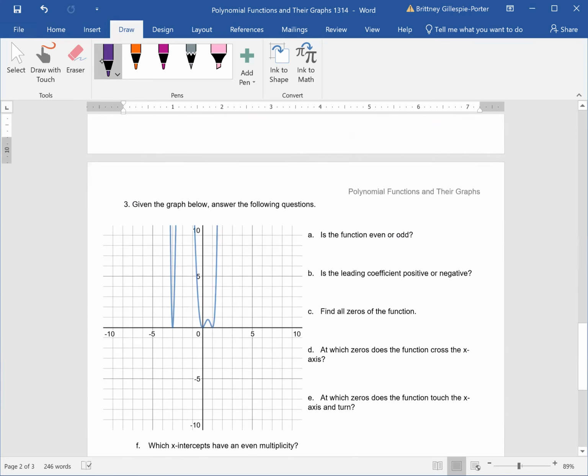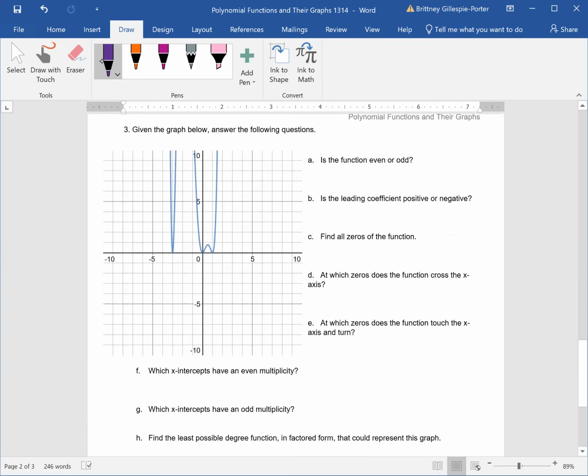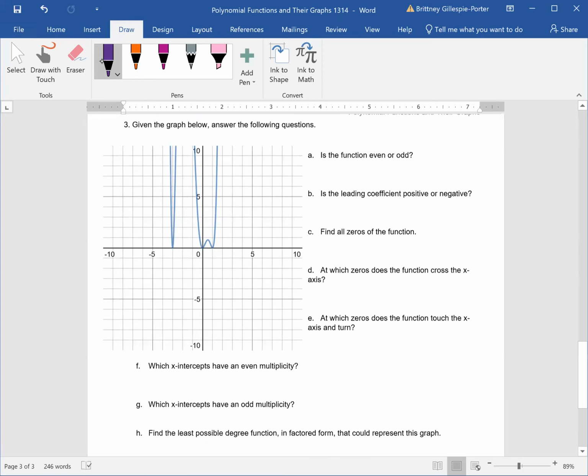We have one more, just because I know that some of you need or want additional help and practice. So first things first, connect with any jumps, and then I'm going to put my arrows on my endpoints.